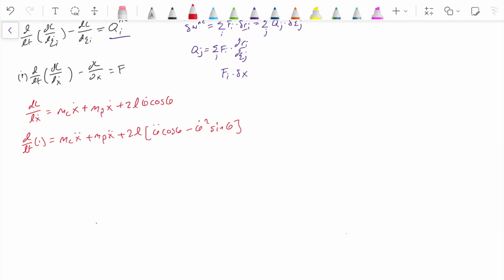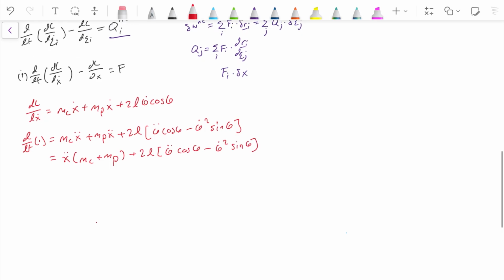So we can combine like terms. We can see that this is like our Newtonian F equals ma, our acceleration term here, 2L theta double dot cosine theta minus theta dot squared sine theta.